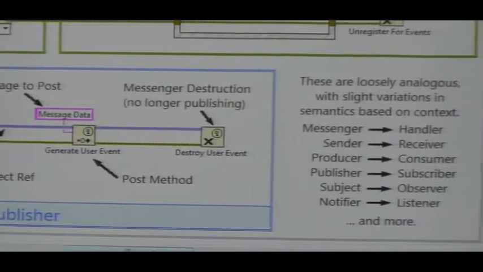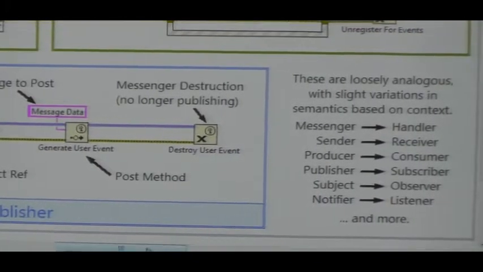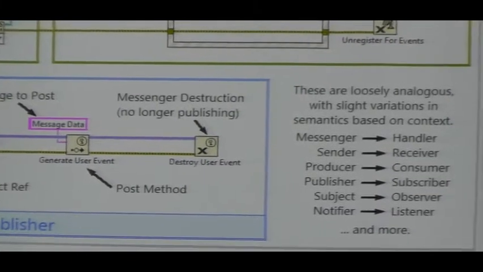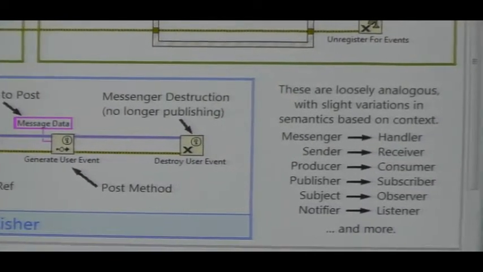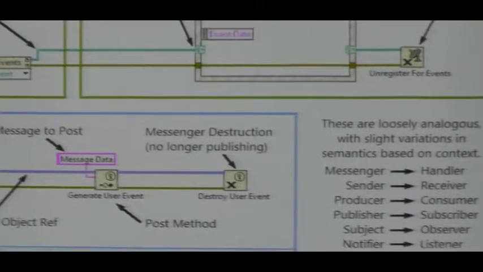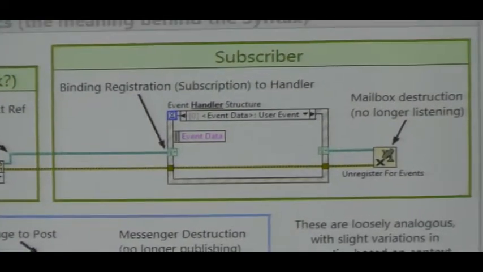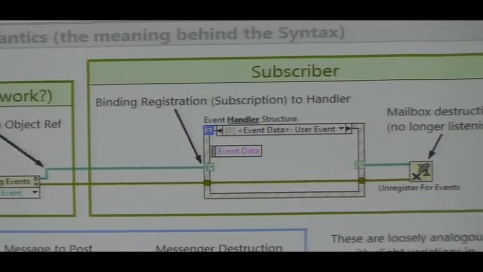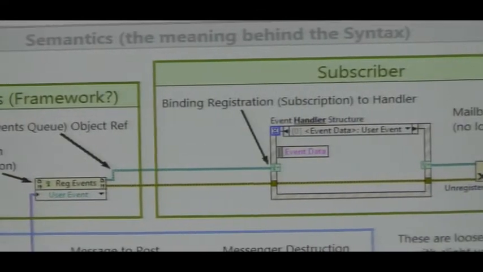And the same for the receiving end: handler, receiver, consumer, subscriber, observer, listener. Each one of those is paired with the opposite term. So when you say messenger, you would typically say handler. Sender, you would typically pair with a receiver.